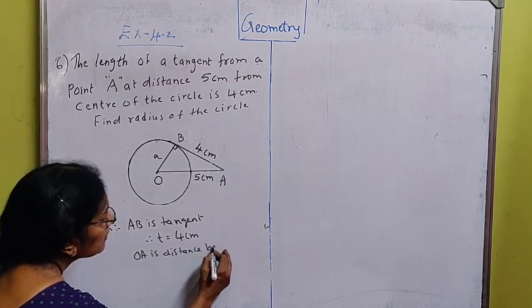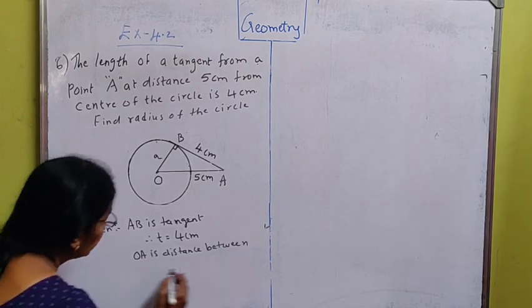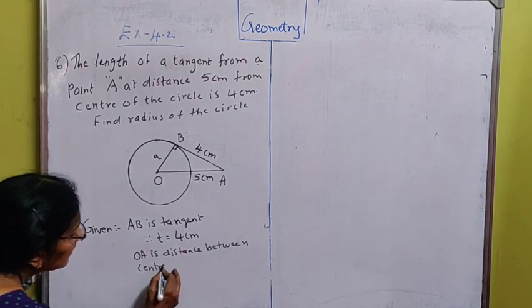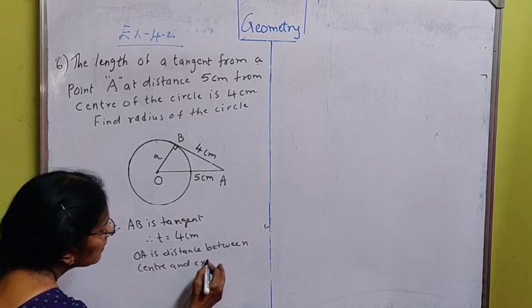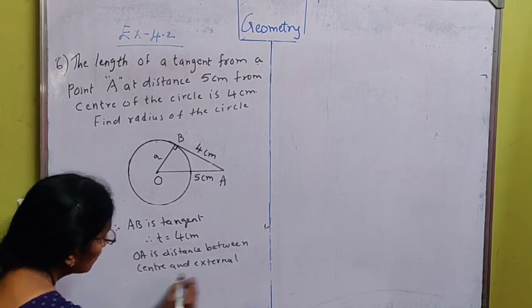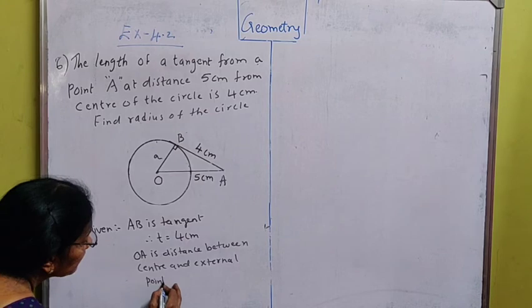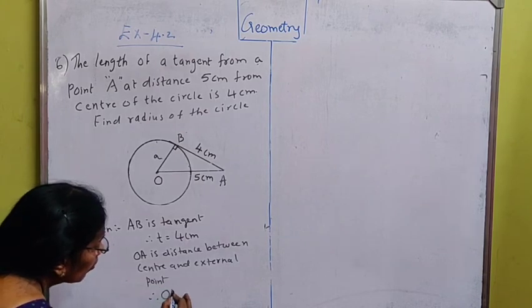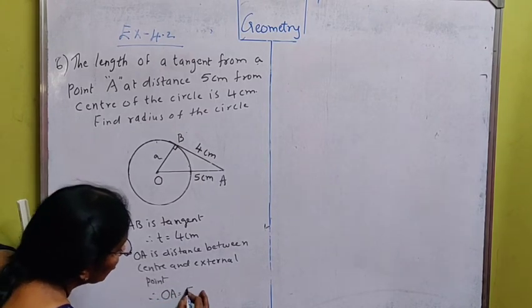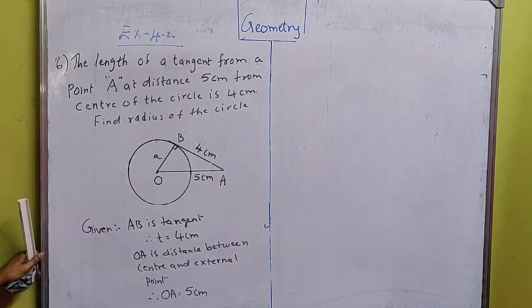OA is the distance between center and external point. Therefore, OA is equal to 5 centimeter.